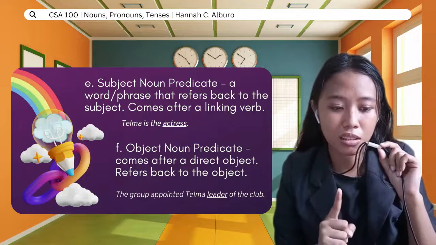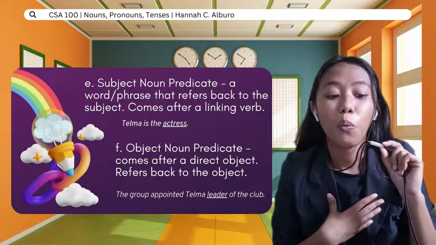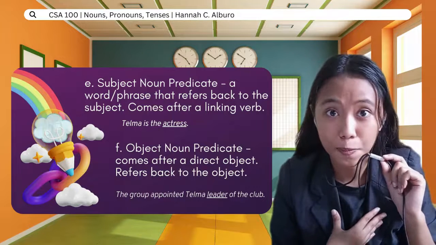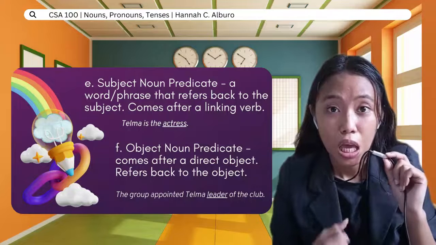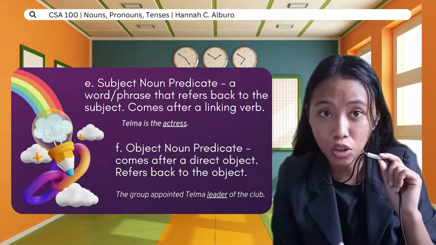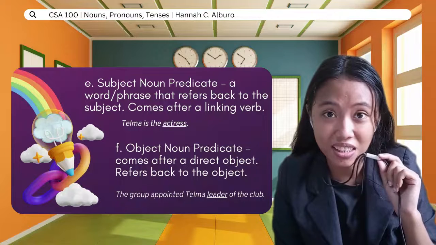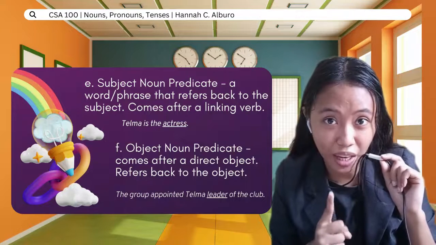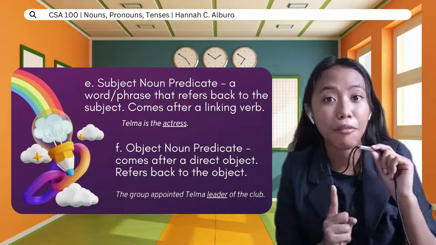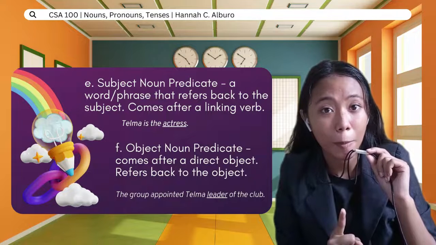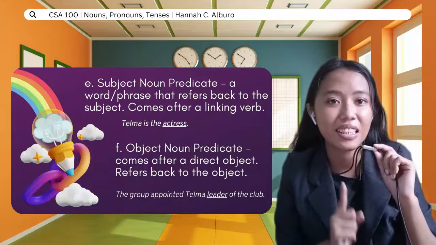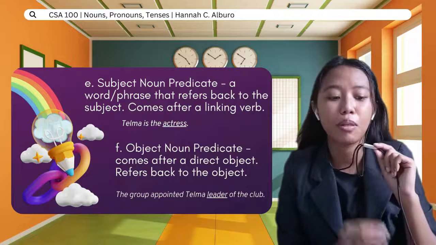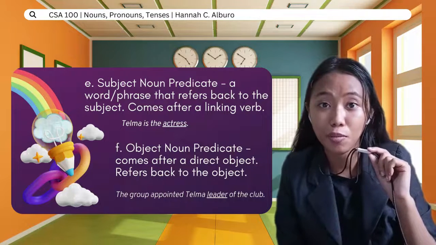So first, let's ask, what is the direct object in this sentence? Of course, Telma. It is because the noun Telma receives the action of being appointed by the group. Therefore, Telma is the direct object. Now, the object noun predicate comes after a direct object. What comes after the direct object Telma? Leader. Yes, leader. So therefore, leader is our object noun predicate because it refers back to our direct object.